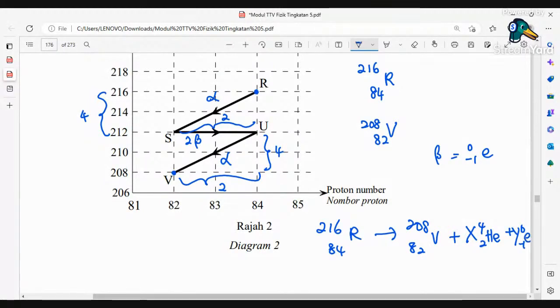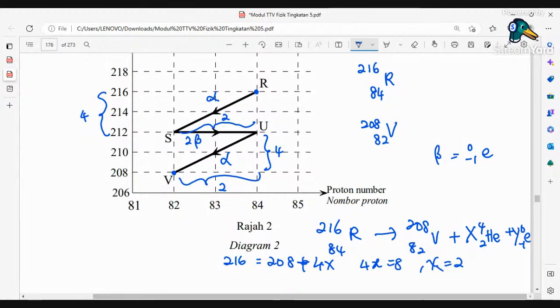So you can make an equation like this and then solve just like number 1. For example, the nuclear number: 216 equals 208 plus 4x, since y times 0 is 0. So you have 4x. Okay, 4x equals 8. Then x equals 2.